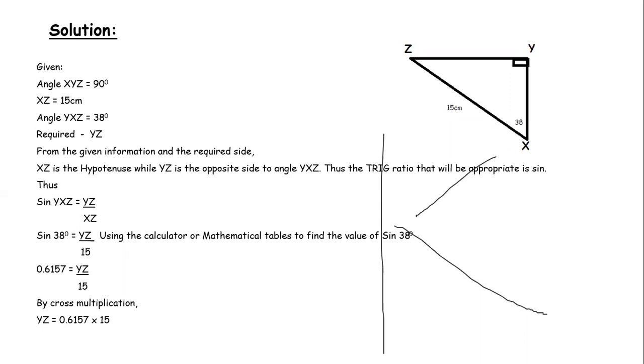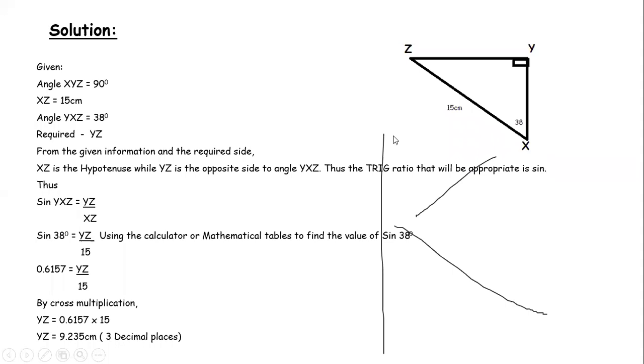And if we use our calculator to solve for this, our answer will be 9.235 centimeter to 3 decimal places.